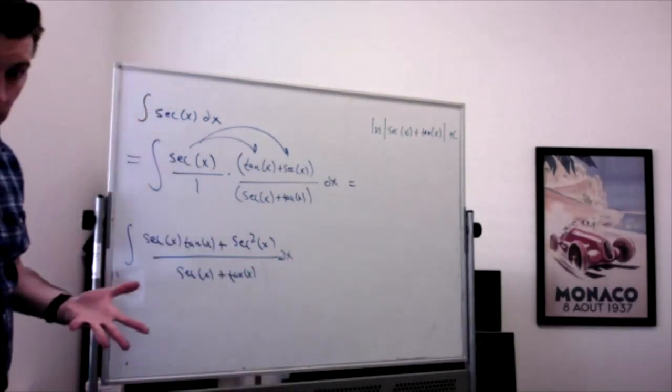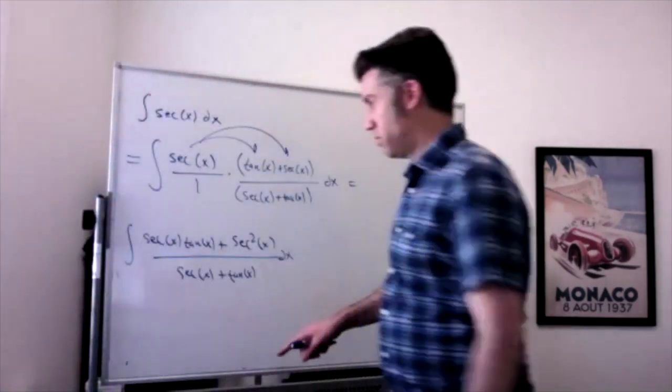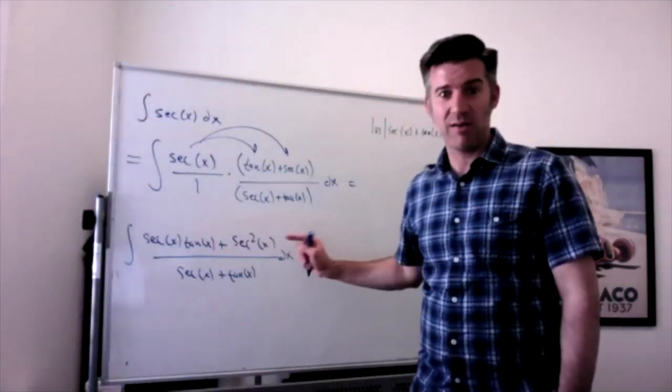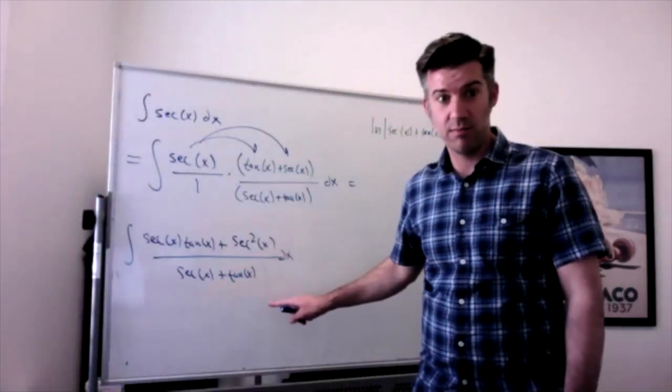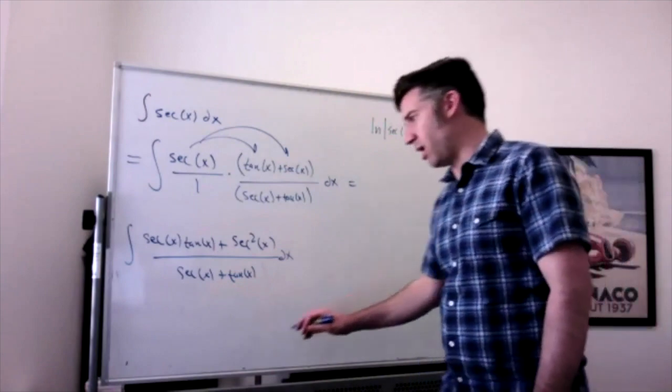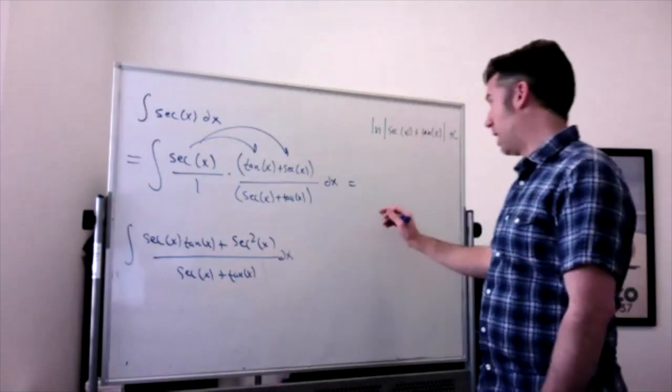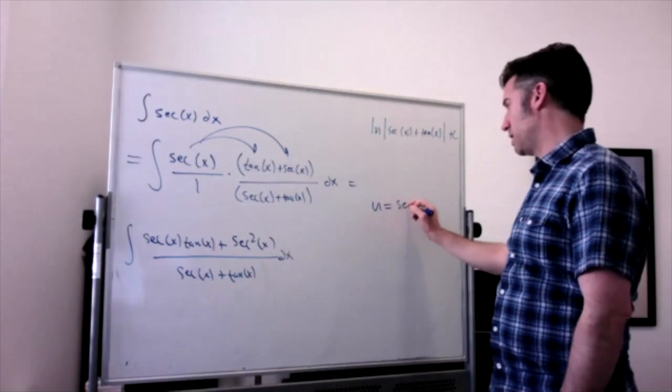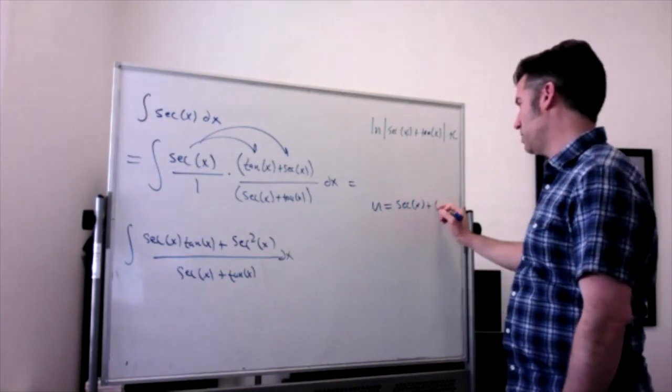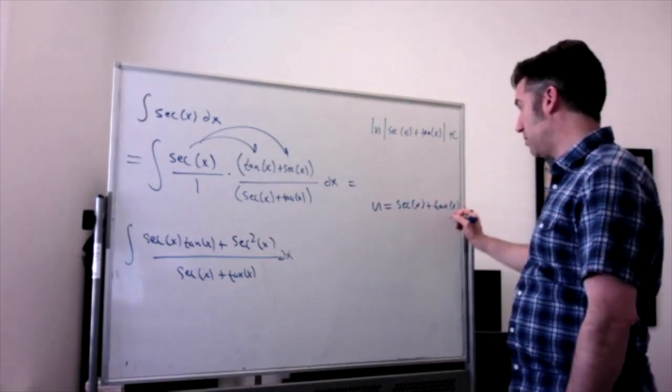But look, the top is exactly the derivative of the bottom. So I can do a u substitution. I'm going to let u equal secant x plus tangent x. That's the denominator.